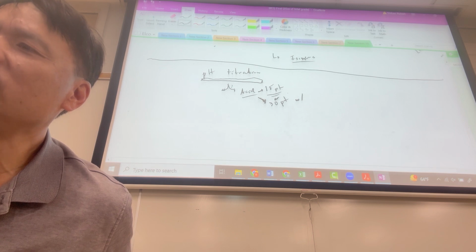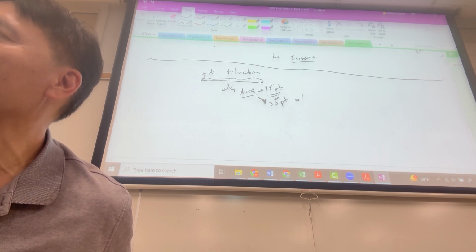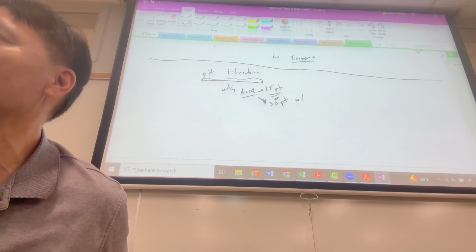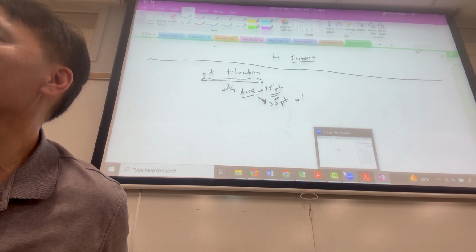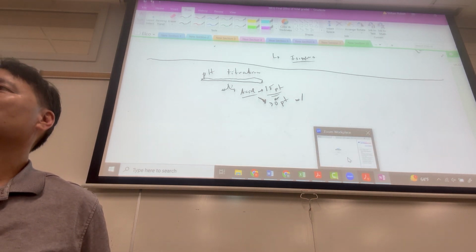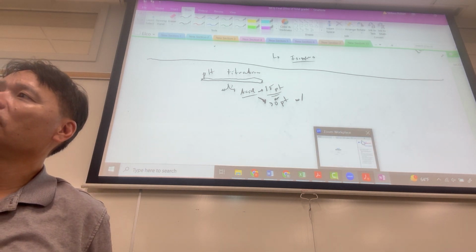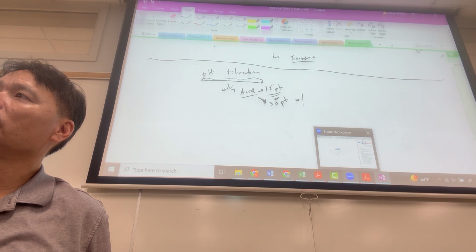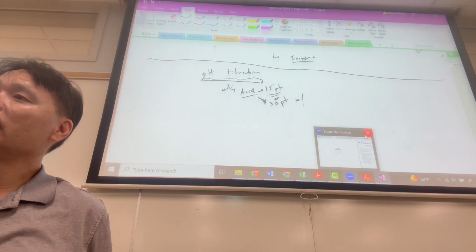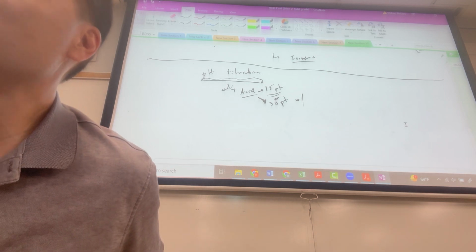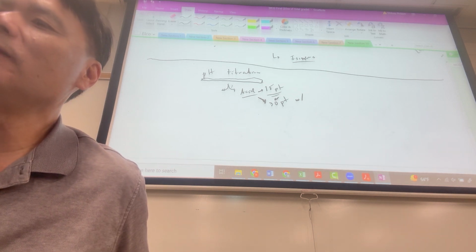Maybe I'll keep it at 15 points bonus, but I won't tell you how to write it. You'd have to figure out how to write it, but I'll tell you what I expect to find in it. It would be like last semester, except there's a lot more in this particular report.